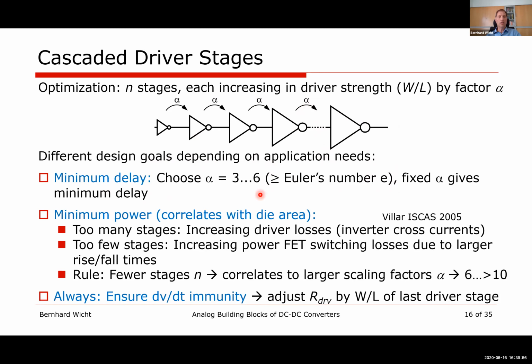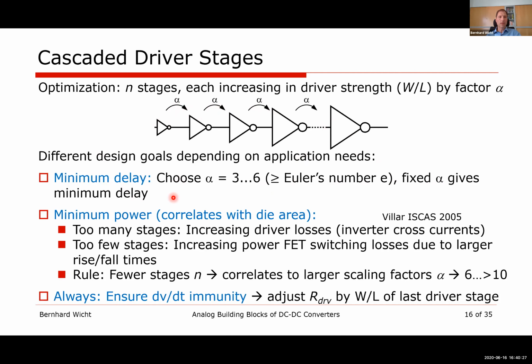So in reality, we use alpha in a range of 3 to 6. And from that, we can calculate the number of stages. I also want to highlight the question sometimes: couldn't we scale alpha and keep it different from stage to stage? However, if you want to achieve a minimum delay, a fixed alpha gives minimum delay. So we keep alpha constant from stage to stage.